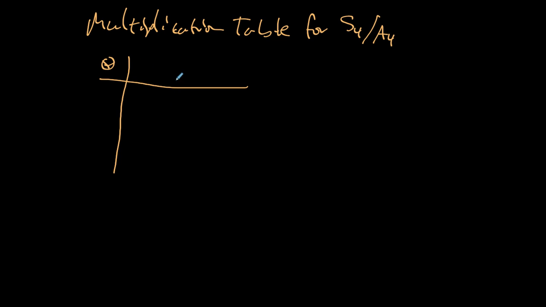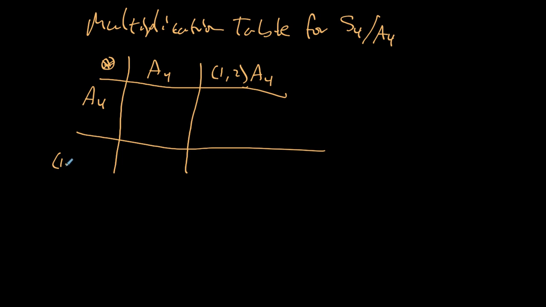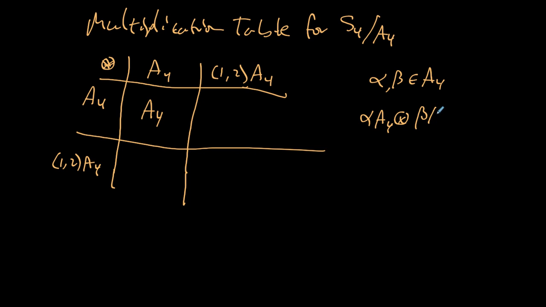We are going to have our operation, and we've got A4, and we've got the other left coset, and we have A4, and we have the other left coset. Well, this one's just going to be A4, because we've already seen if alpha and beta are both in A4, then the way we've defined this product turns out to just be A4.